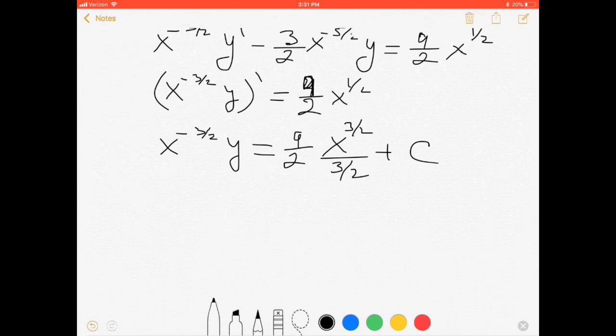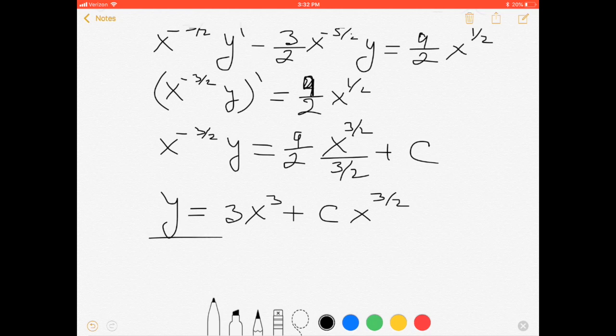Then y will be, we need to multiply by x to the power 3/2 to find y exactly. It will be 3x cubed plus c x to the 3/2 power. This is your final answer for the linear equation.